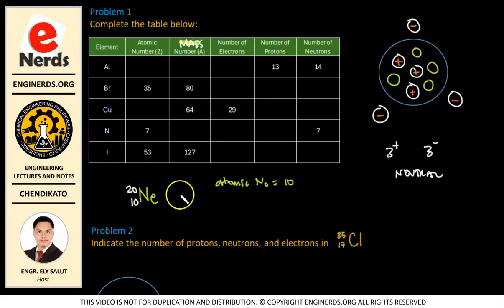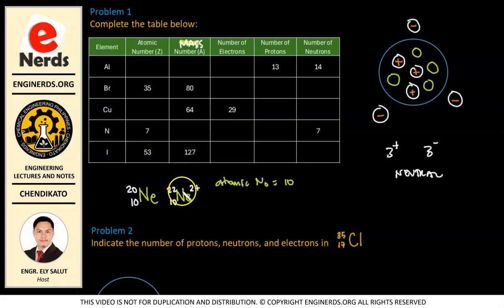But let's say you find a neon that is written like this. It's the same, we have an atomic number of 10, but this time you have a mass number of 22, and on the right side, you have 2 plus. This means that this neon is not neutral, but rather it is positively charged.